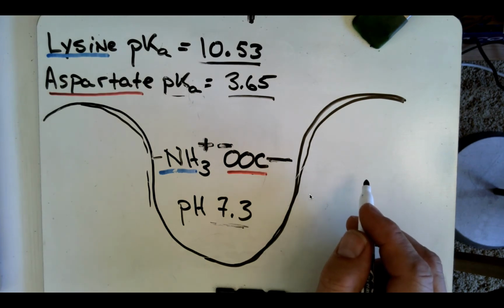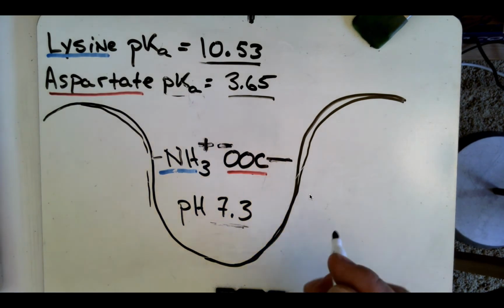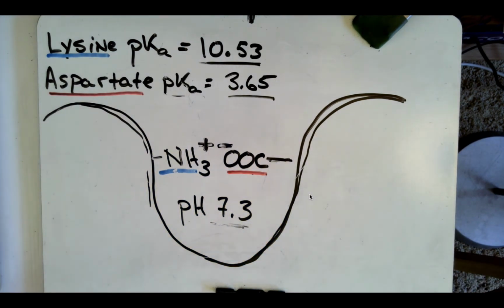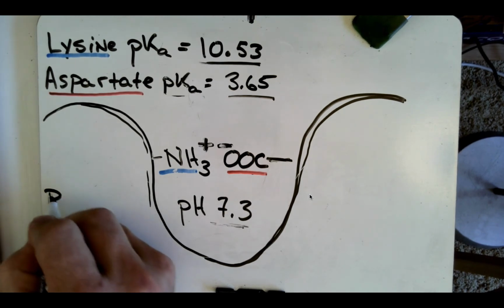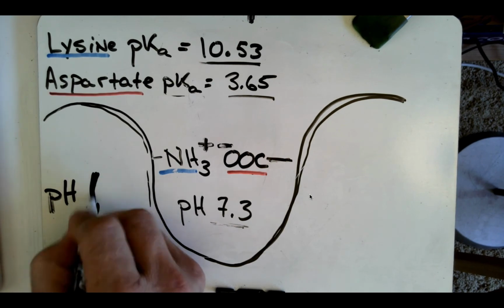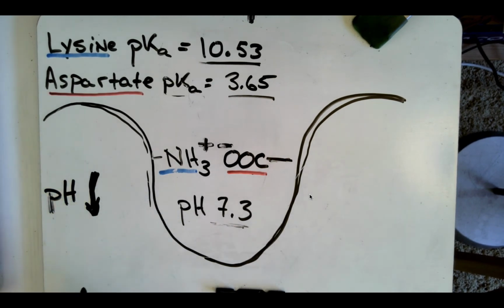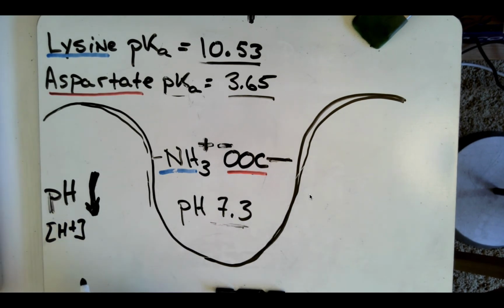Now what we're going to do is take a look at what happens when we increase the pH and decrease the pH. So let's take a look at when we decrease the pH. If we decrease the pH by adding acid to the solution, what are we doing to the hydrogen ion concentration?